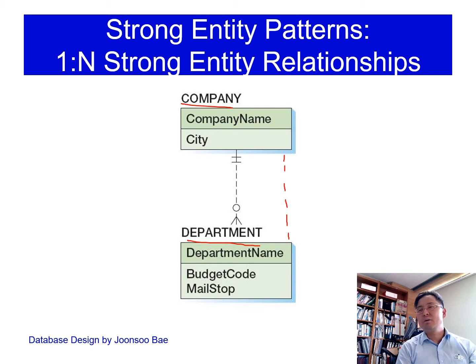But we do not know if the entity is a weak entity or a strong entity. So we must ask these questions. Can department exist by itself or not? If yes, it is strong.